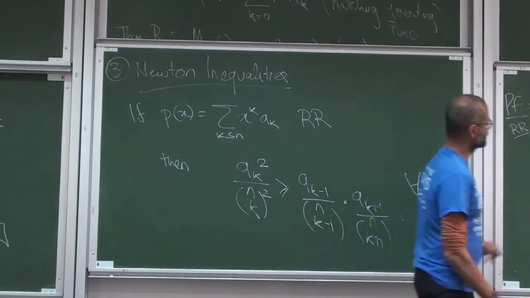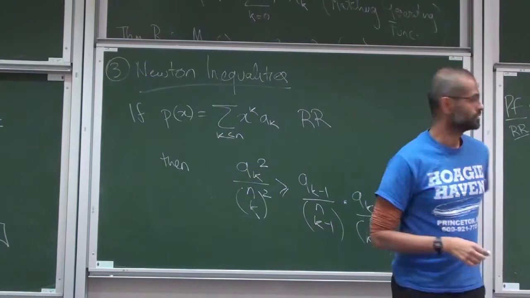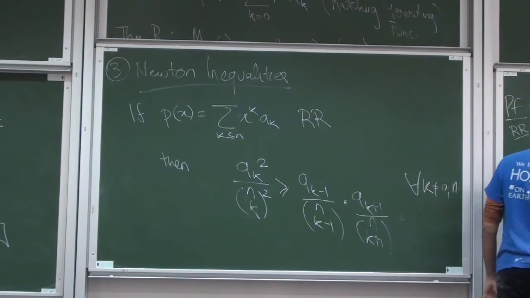I somehow care about these three coefficients, so what can I do? I can differentiate this k minus 1 times. Why not? What's that going to do? It's going to kill everything after this term, because it's degree less than k minus 1, and it's going to introduce some binomial coefficients. So let's write down what those are.